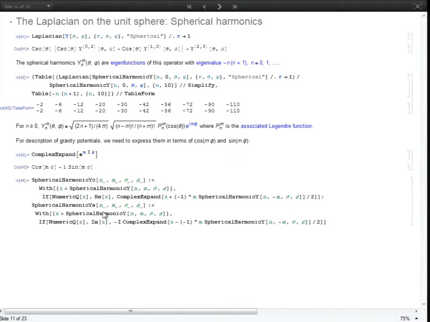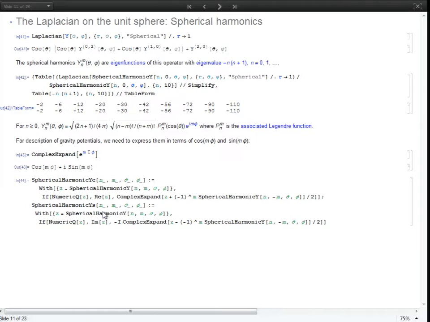The spherical harmonics have an awfully complicated formula. They consist of a factor depending on n and m, then a polynomial of cosine theta, multiplied with a complex exponential e to the power i m phi, and P_nm are the associated Legendre functions.